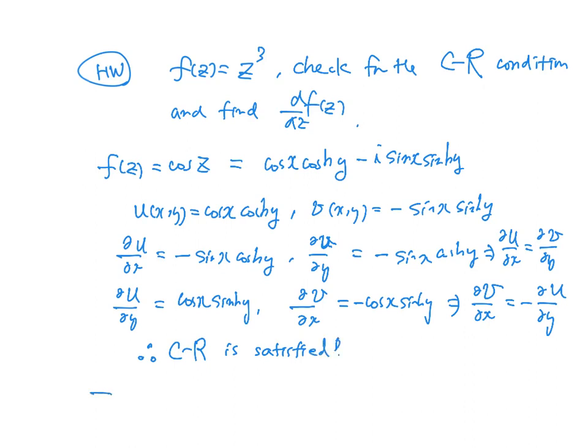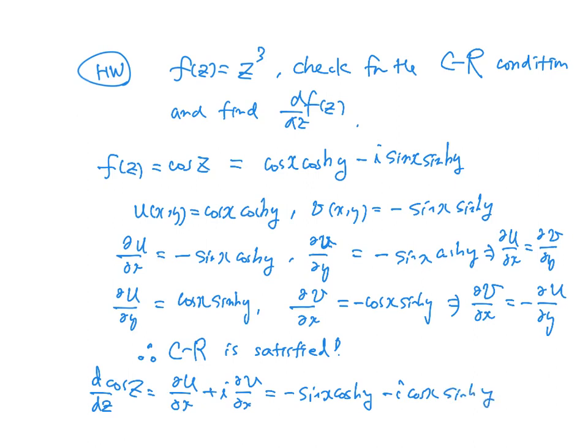Then d cosine z over dz is partial u partial x plus i partial v partial x, which is minus sine x cosine hyperbolic y minus i cosine x sine hyperbolic y, which is the same as minus sine z.